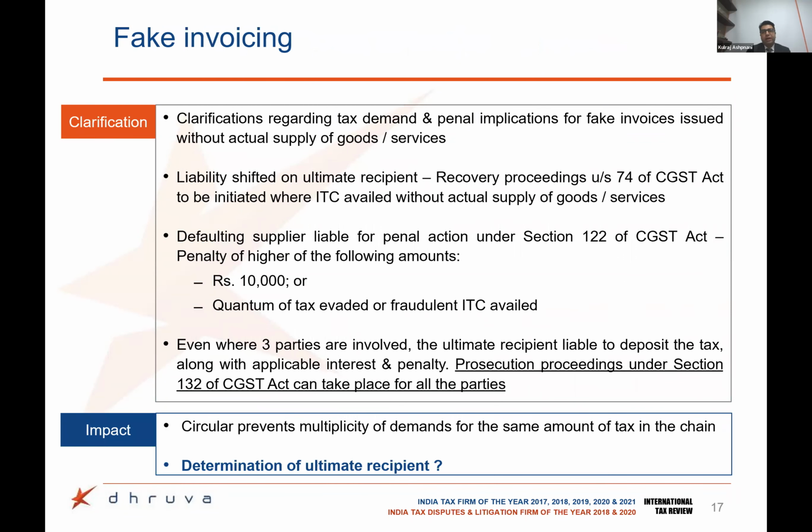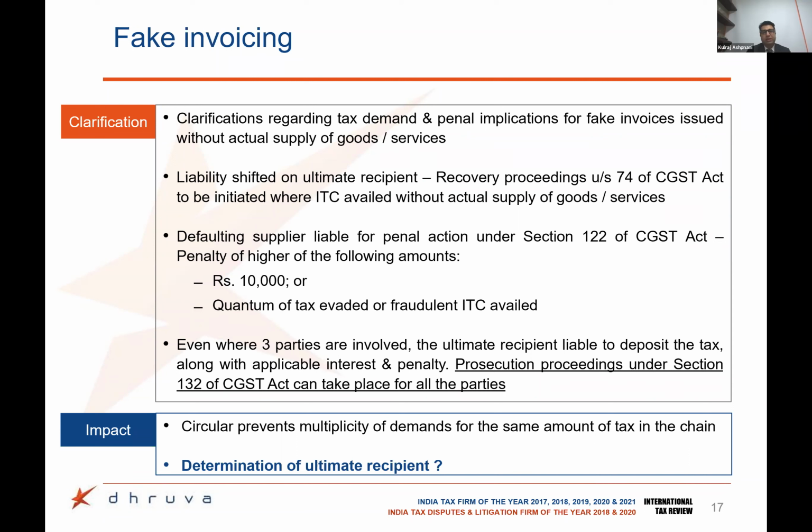Last, and one important clarification, is regarding fake invoicing. This clarification was much wanted because there have been a lot of reports around invoicing without actual supply of goods and services, and the department has been trying to catch hold of every person across the chain.